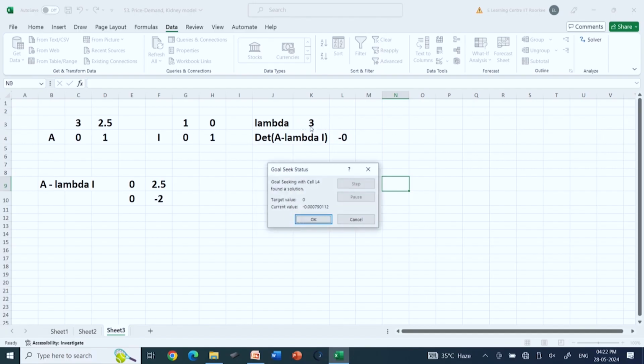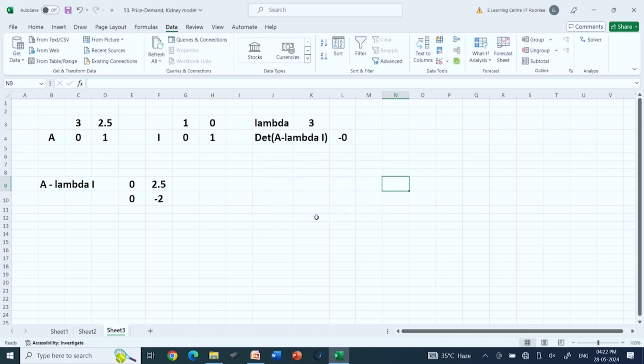So, now it comes to 3. This is a little bit of a disadvantage, but it works quite well. If you play with it with few iterations, you will get all the eigenvalues. So, this is a technique for how you can calculate eigenvalues using Microsoft Excel.